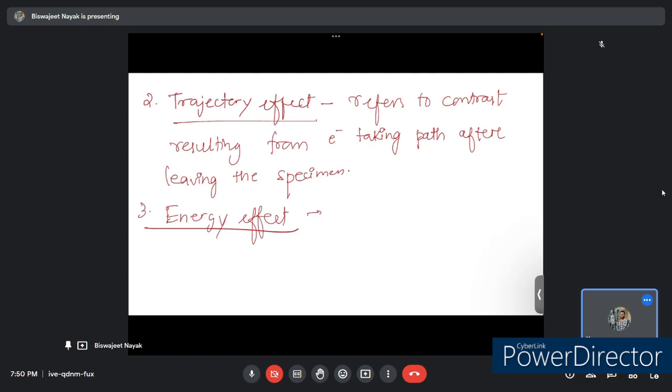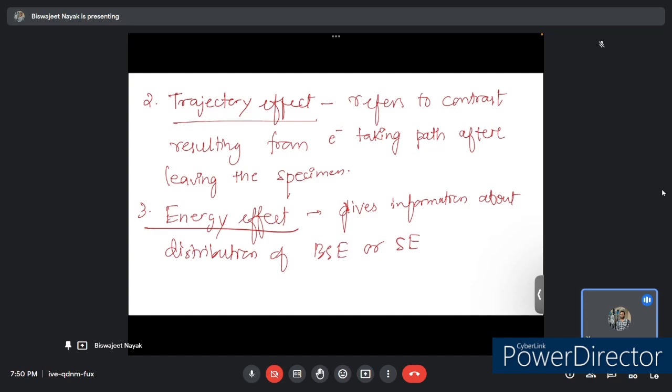So this gives information about the distribution of either backscattered electrons or secondary electrons.